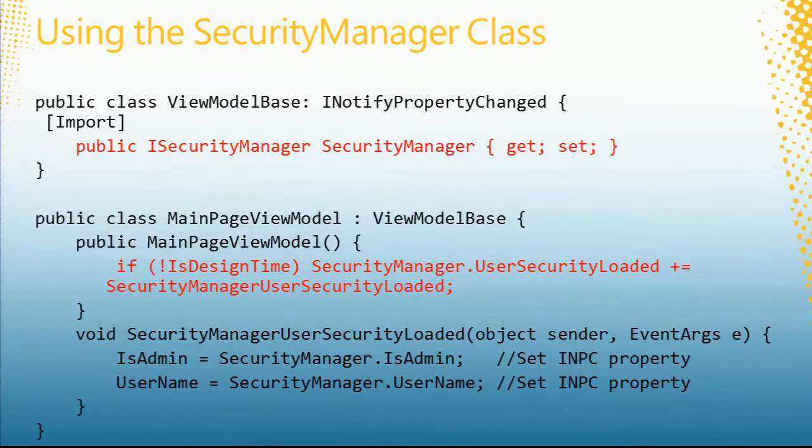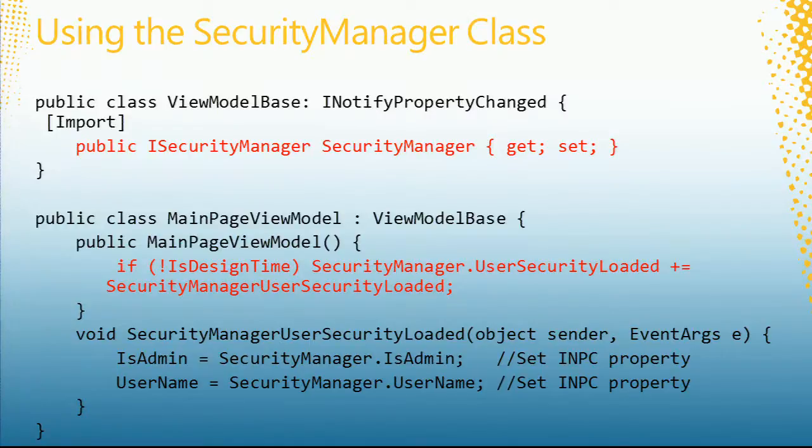How many have a view model base like this? Yeah, right? It's typically because we're all lazy and don't want to type notify property changed across all of our view models. But it's a great place to put security, because I want security to be built into the heart of my application. Well, the heart of my application is the view model base. It's the base class that all my view models inherit from, if you're new to this.